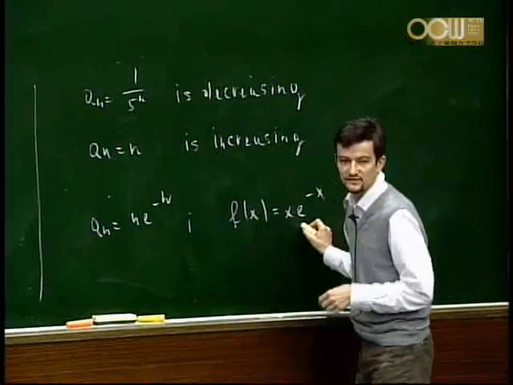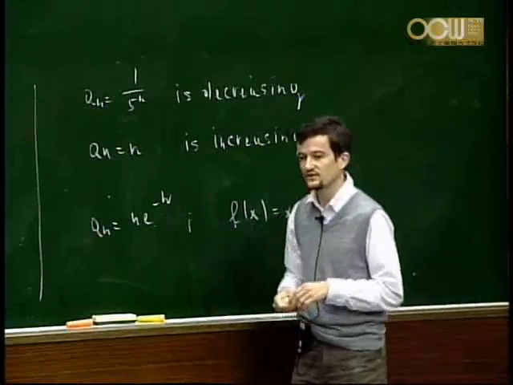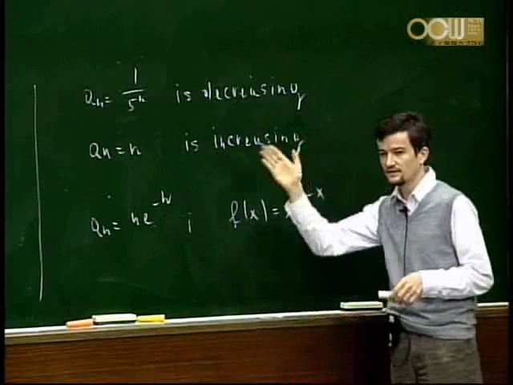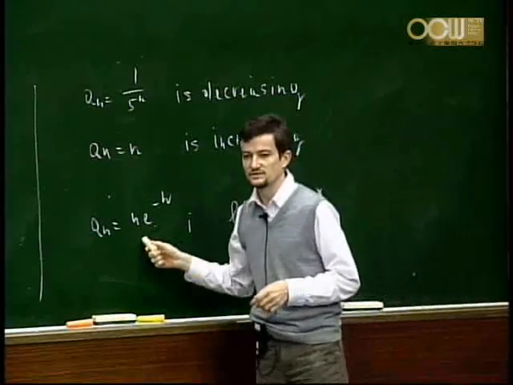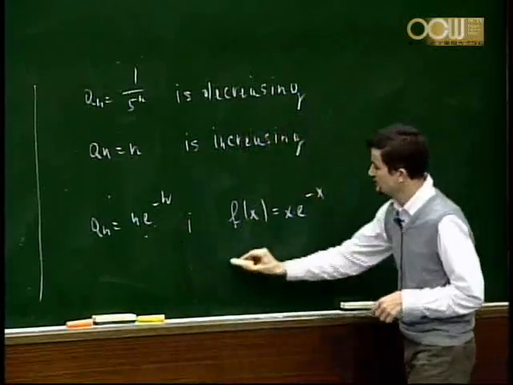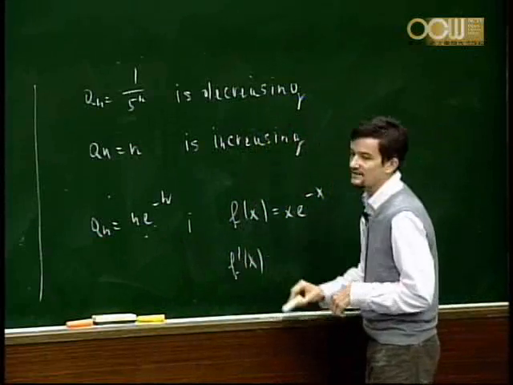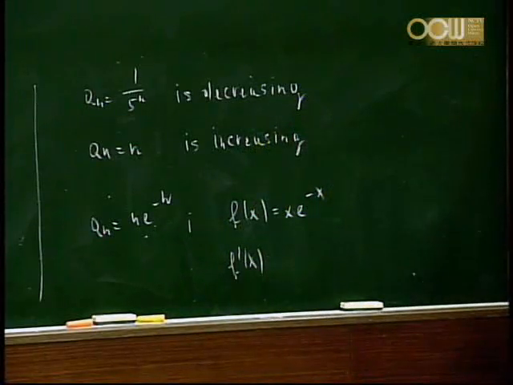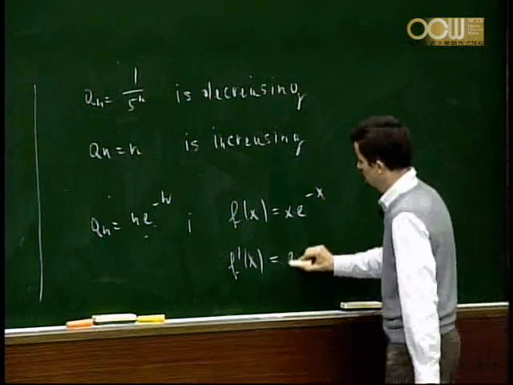So we will first look at this function, and this sequence is just this function sampled at the positive integers. For this function we can easily discuss the monotonic behavior. We just look at the first derivative.